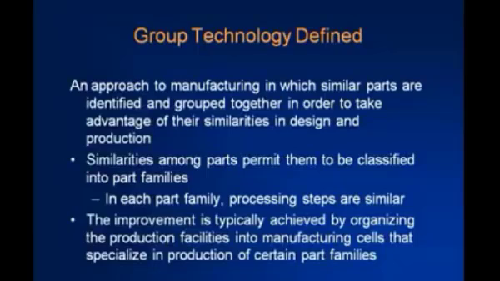That is an approach to manufacturing in which similar parts are identified and grouped together in order to take advantage of their similarities in design and production. Similarity among parts permits them to be classified into part families. And in each part family, processing steps are similar.